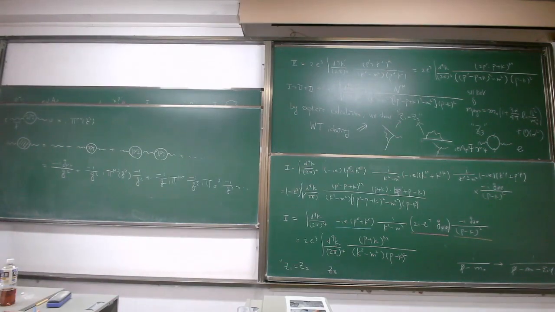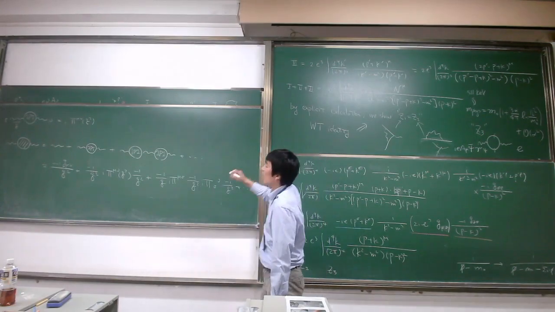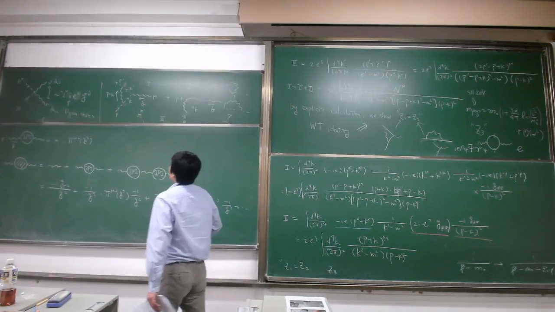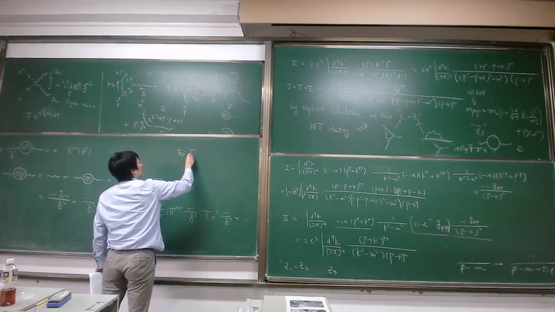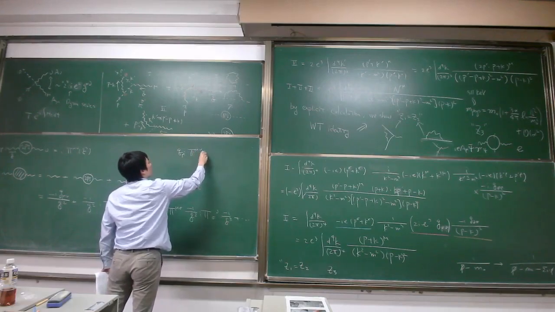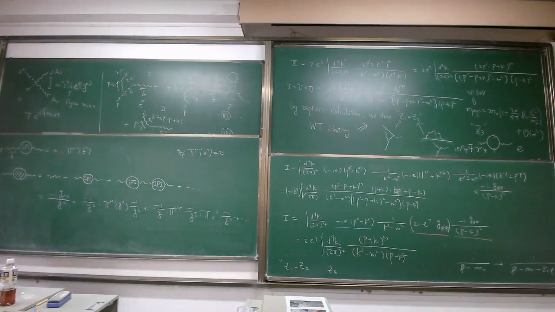And then I will show you this one here. The Ward-Takahashi identity tells you that q dot pi, which means q mu pi mu nu, is equal to 0. This should be the case. And as we know, the exchange of mu and nu should be symmetric, the same as for the photon propagator.